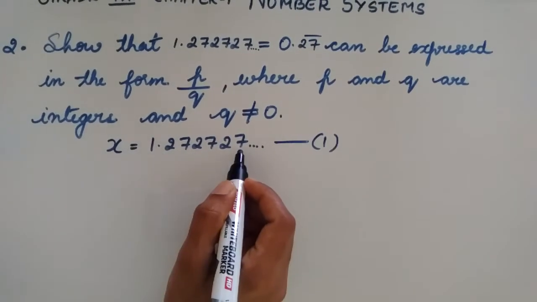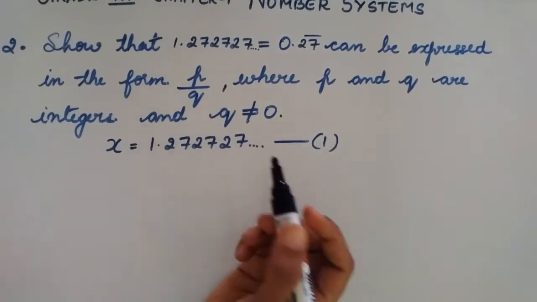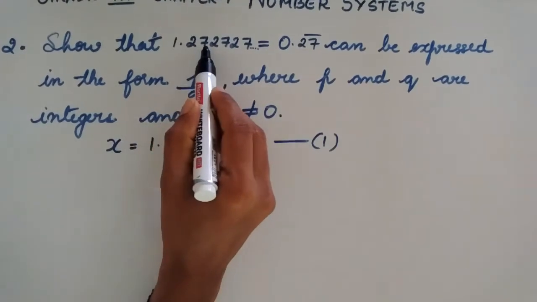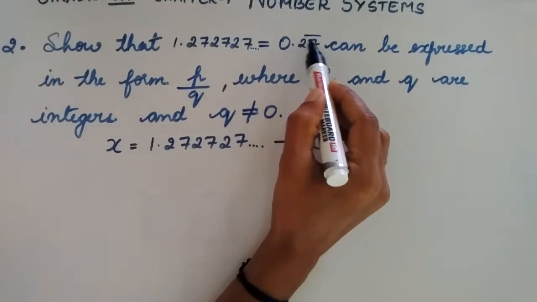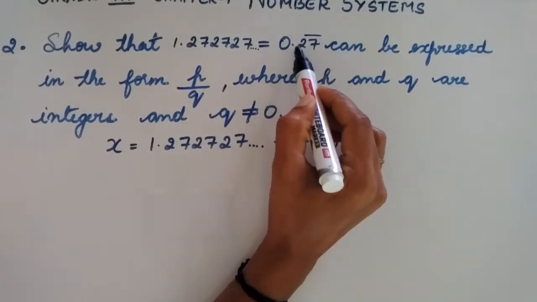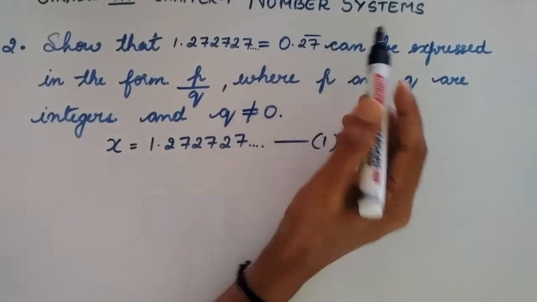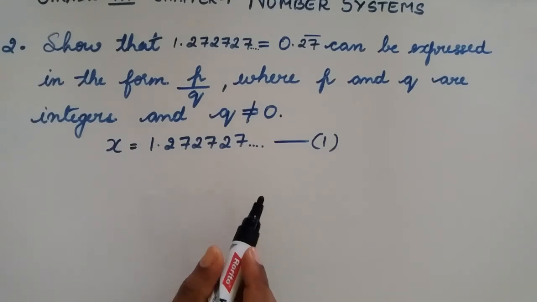How many digits are repeating here? We have 2 digits repeating, that is 2 and 7. So the bar is for 2 and 7, which indicates that this block of digits is repeating. So here 2 digits are repeating.